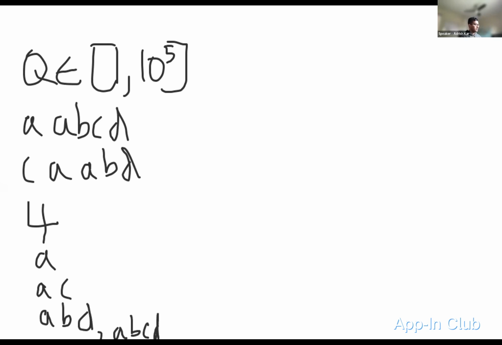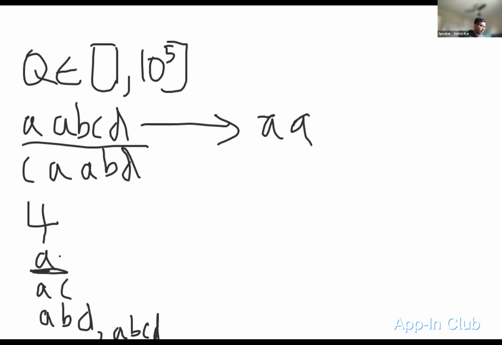Okay, so let's just work on the first query. If we restrict each of these strings to just the character A, are they equal? For the first string, this becomes just AA. Essentially, we're taking all the characters that are A, including them in this subset, and writing them from left to right.